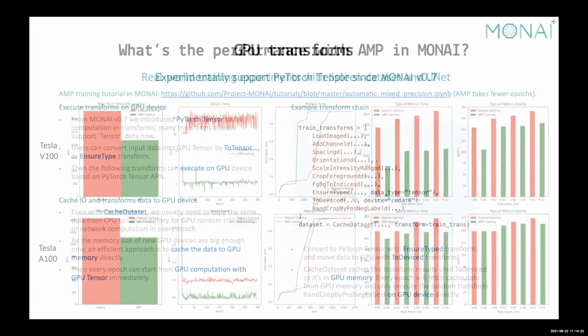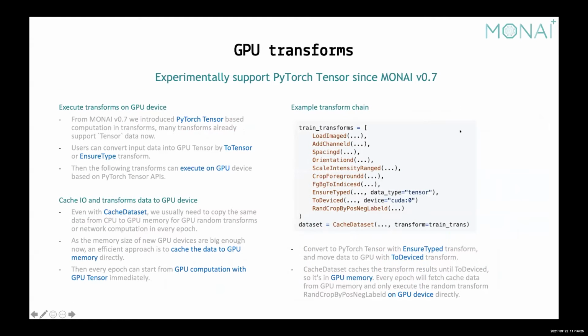Okay, and the second important feature I want to talk about is the GPU transforms. Actually, I already see some questions and discussions about the GPU transforms in the chat. From MONAI 0.7, we added the PyTorch tensor support to most of the transforms. Now the transforms can support both NumPy array and the PyTorch tensor data.